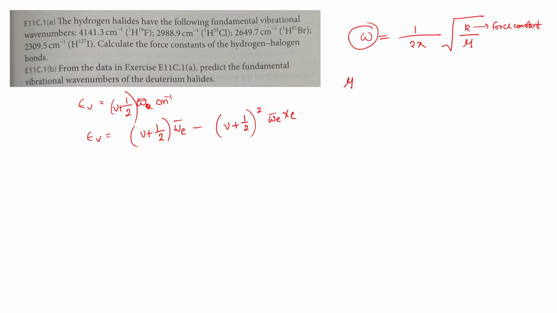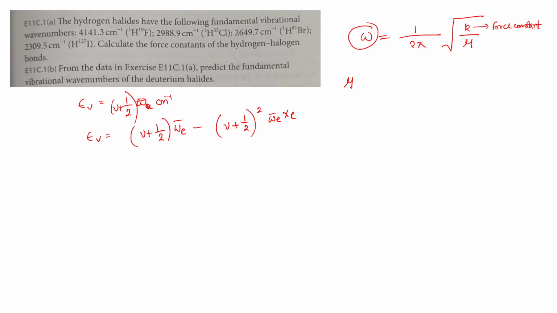But in case of vibrational levels, it was shown using the Boltzmann distribution that most of the molecules will remain in the ground state, that is the v equals 0 state. So in your spectrum you will observe the transitions for v equals 0 to 1, 0 to 2, 0 to 3, something like that.